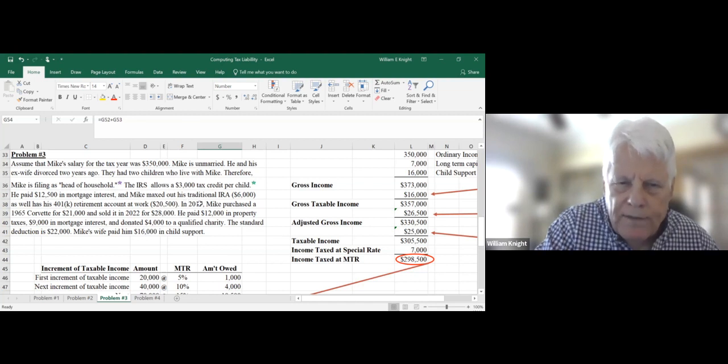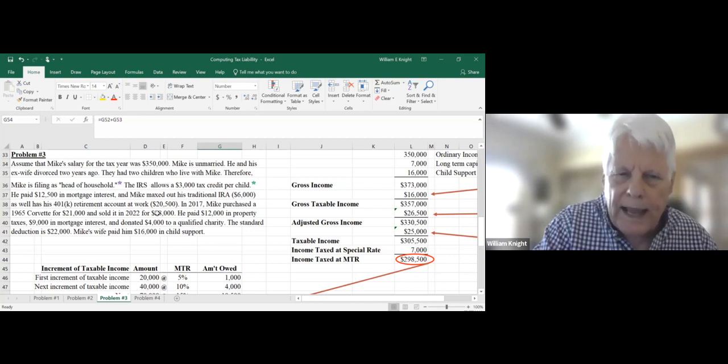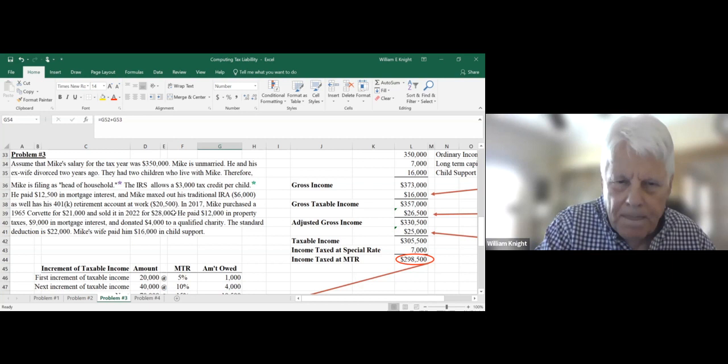In 2017, Mike purchased a 1965 Corvette for $21,000 and sold it in 2022, 5 years later, for $28,000. Now that's going to be a long-term capital gain, profit from the sale of an asset that he held for over a year. He paid $12,000 in property taxes, $9,000 in mortgage interest, and donated $4,000 to a qualified charity.